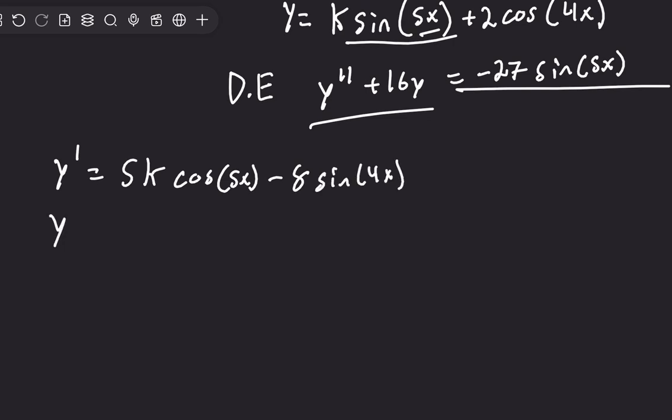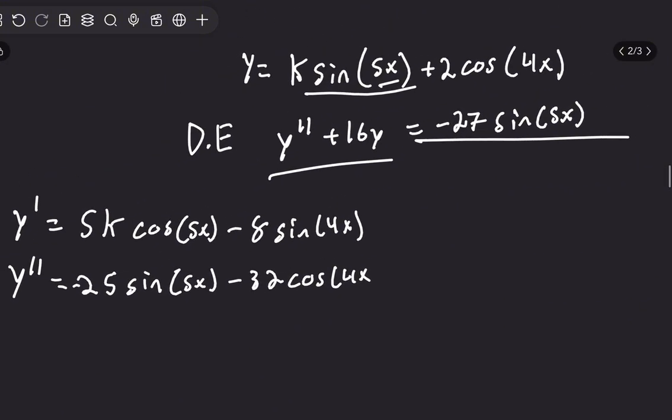Then we're going to take the second derivative, which will do this again. It's going to become negative 25k sine 5x minus, see, 4 times 8, 32 cosine 4x. Okay, so now we have both our derivatives.